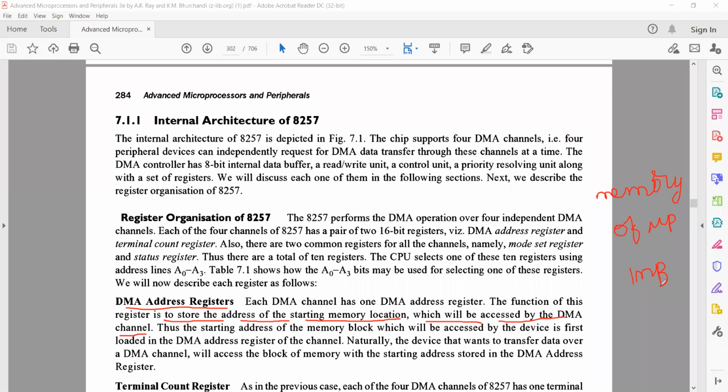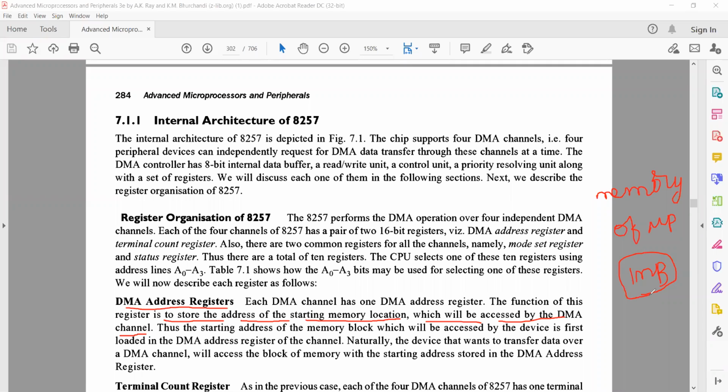Out of this 1 MB memory, where we are storing the data, or from where we are accessing the data, has to be known. From which location we are taking the data, or to which location we are storing the data, that has to be known.